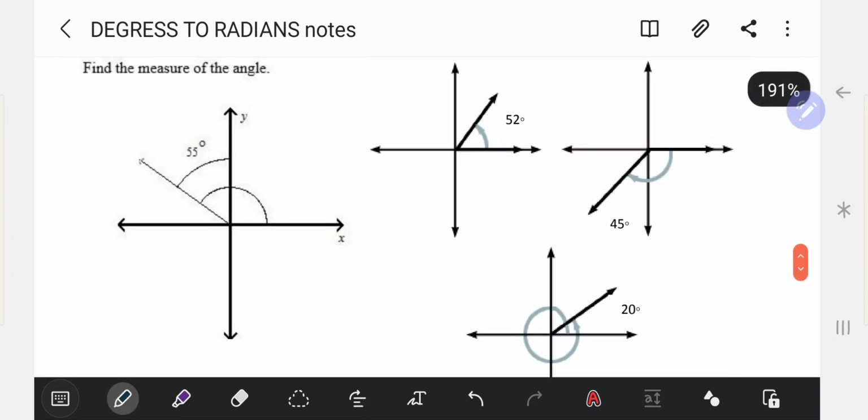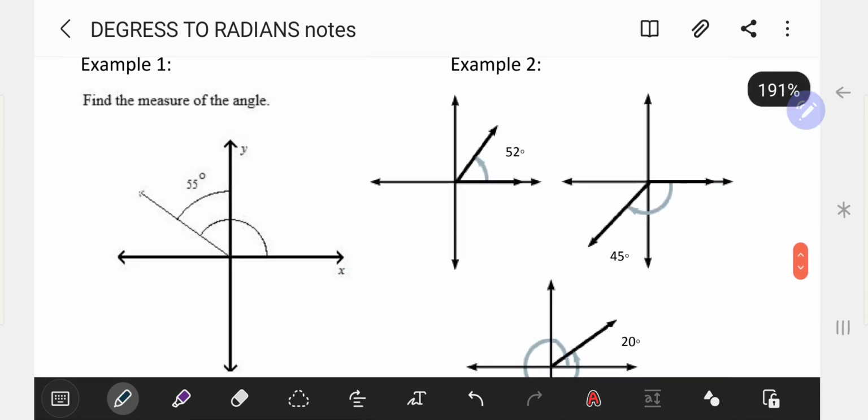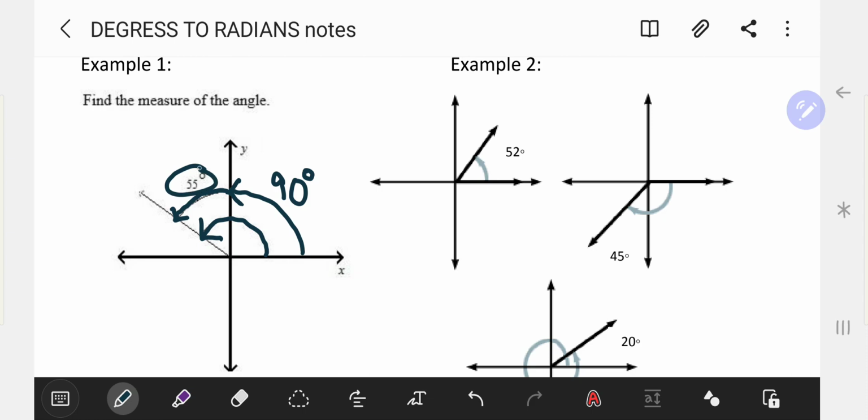Let's look at our first example. They want me to figure out what this complete angle measurement is. Based off what we just talked about, this quadrant right here we know is 90, because each quadrant is 90 degrees. But this extra little piece on the side, they told me is 55.